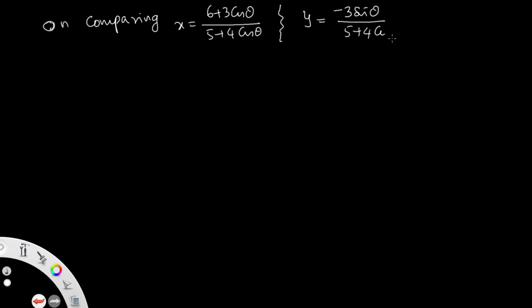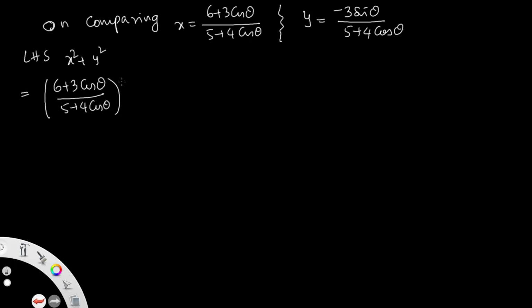But we have taken LHS. In the question it is given x² + y². That means x should be substituted by ((6 + 3 cos θ)/(5 + 4 cos θ))², plus y² means (−3 sin θ/(5 + 4 cos θ))².